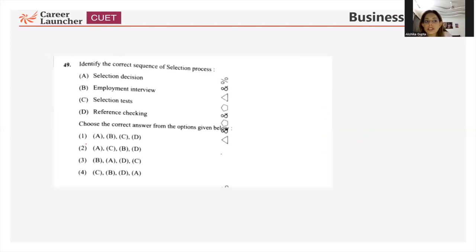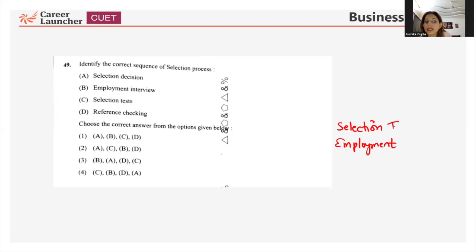Identify the correct sequence of the selection process. We all know the very first is what? That is your selection test that takes place. Once your selection test takes place, then you have the employment interview, that is your informal one-to-one conversation. Then you have certain reference checks, and then the selection decision is made.